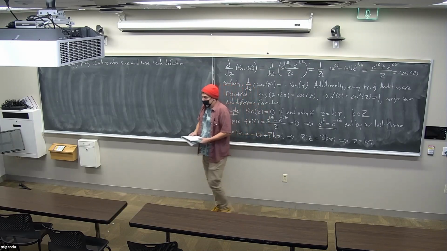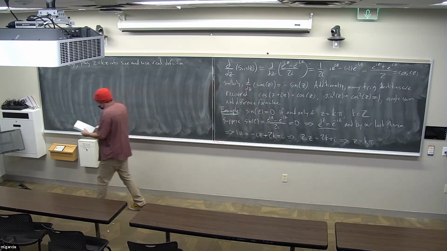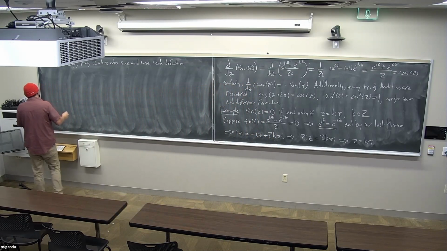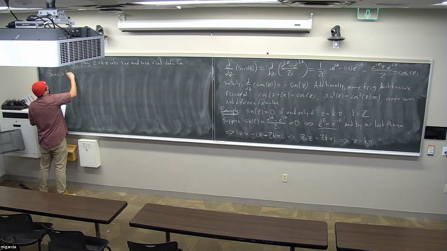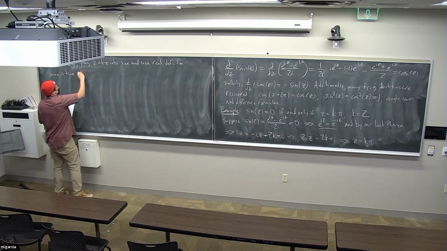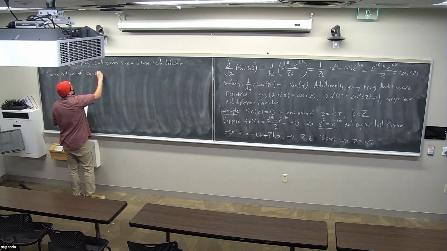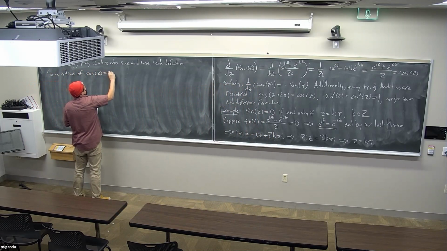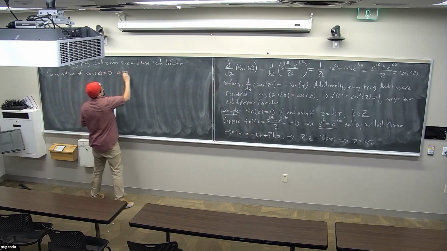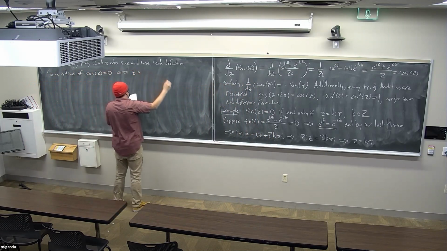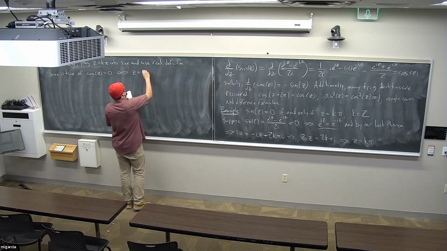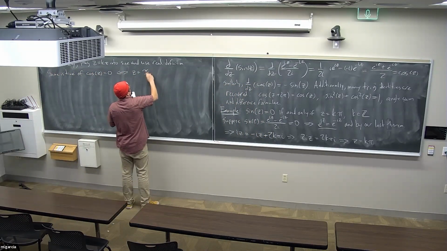Right. Good. Same is true of cosine of z equals 0 if and only if z is pi over 2 plus k pi.